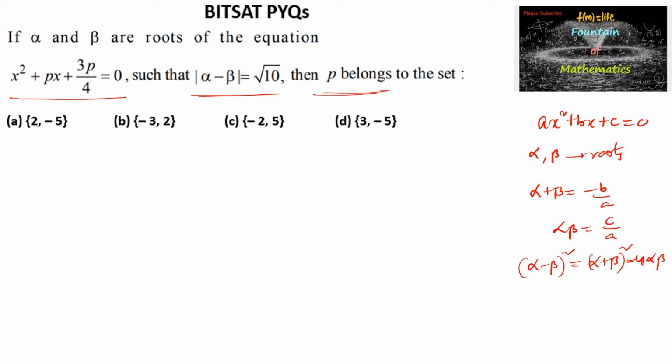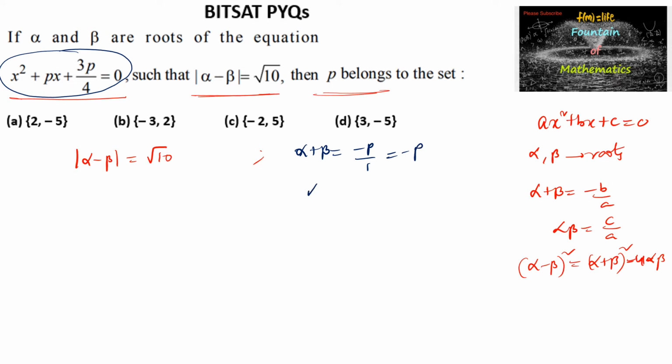So let us consider mod of alpha minus beta is equal to root 10, and for the equation x square plus px plus 3p upon 4 is equal to 0, sum of the roots can be taken as minus p upon 1, that is negative p, and product of the roots can be taken as c upon a, that is 3p by 4.